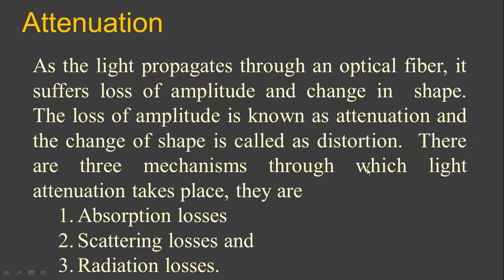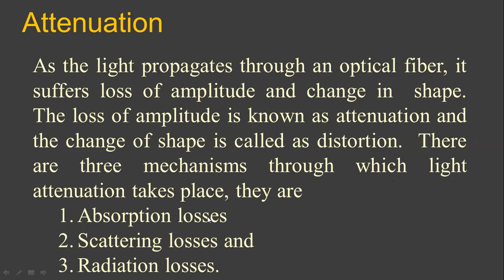Next, we'll discuss what is attenuation. As the light propagates through an optical fiber, it suffers a loss of amplitude and change in shape. The loss of amplitude is known as attenuation, and the change of shape is called distortion. There are three mechanisms through which light attenuation takes place.